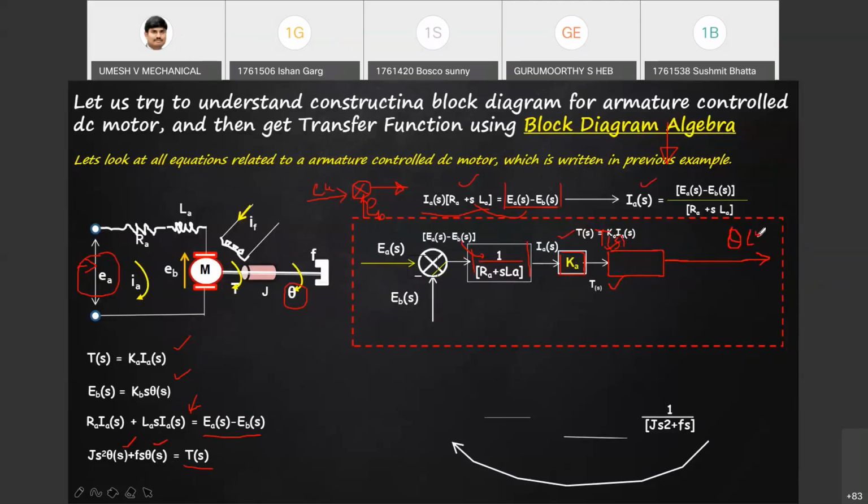What should I write in the block? I'm waiting for someone of you to write. T of S is here, torque should be multiplied with what so that you get theta of S as output using this particular equation?